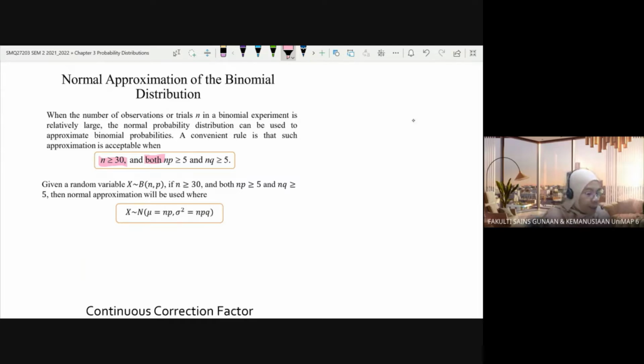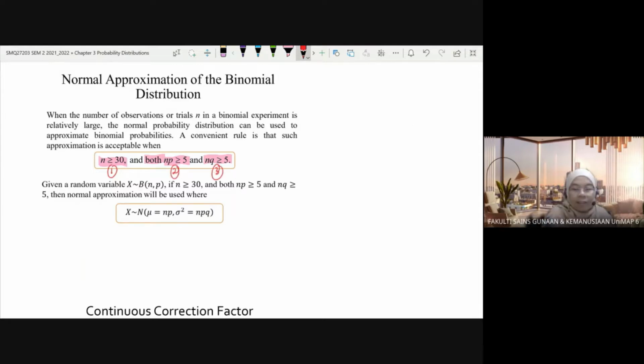That is, the number of trials multiplied by the probability of success, np, must be greater than or equal to 5. The same goes for the probability of failure multiplied by the number of trials, nq, which must also be greater than or equal to 5. This means that for the binomial to be approximated using the normal distribution, these 3 criteria need to be fulfilled.